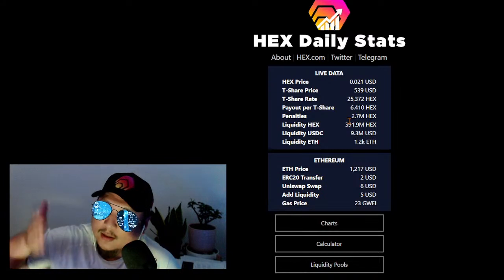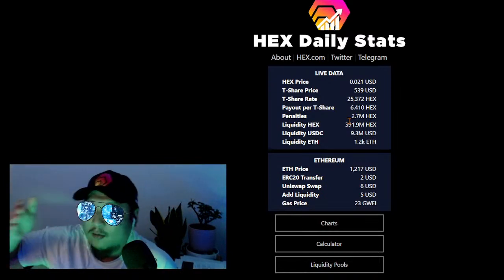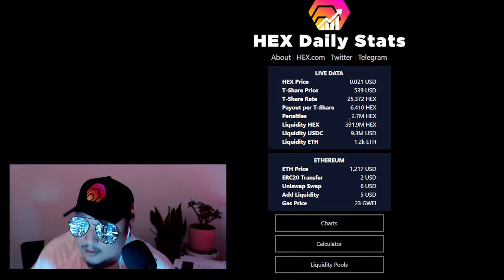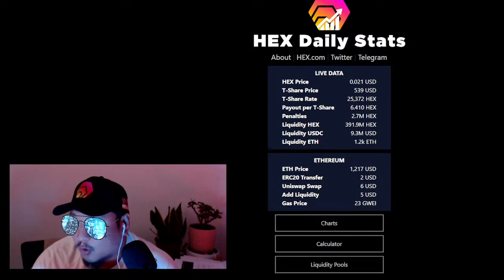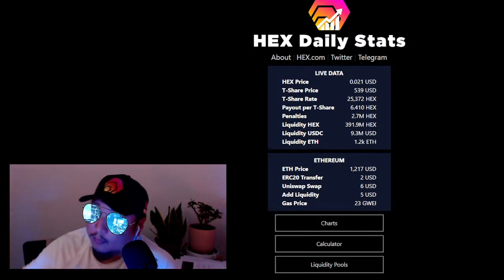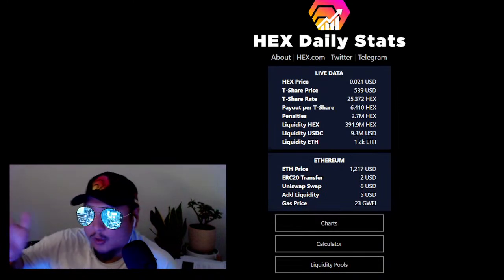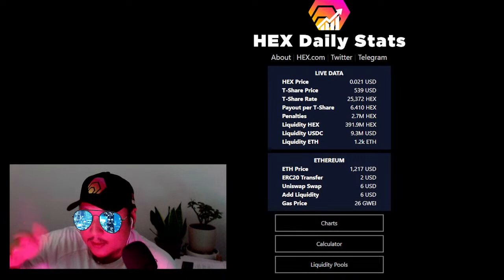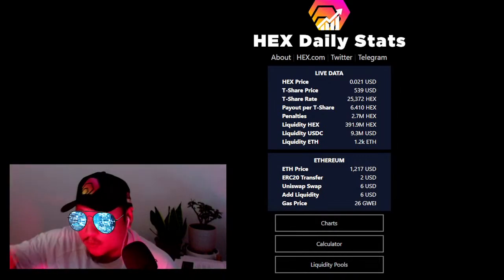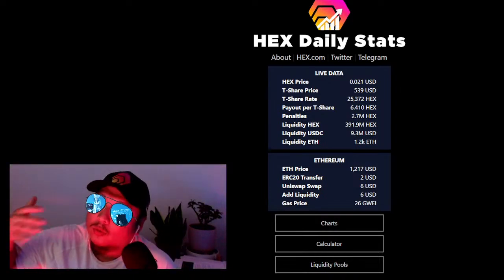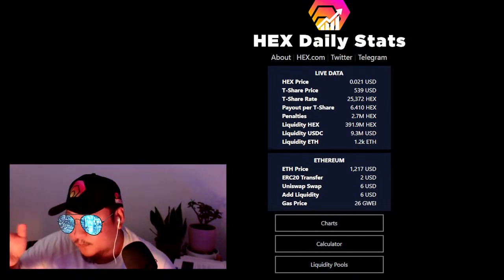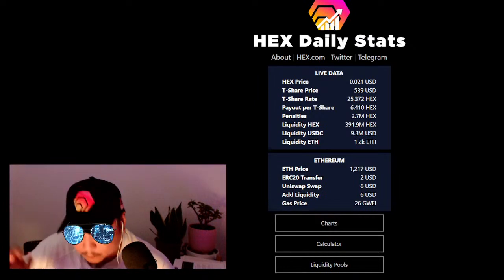Depending on how long you've staked out, the payout per T-share, and the penalties that took place leading up to that point in time, the maths would spit out a figure on your screen saying you need to put more HEX in to receive the same amount of T-shares that you previously saw.